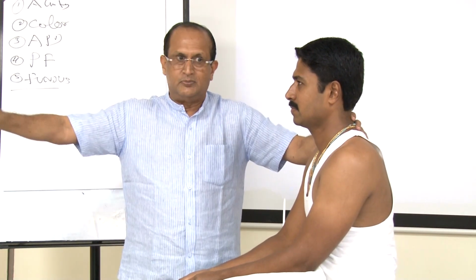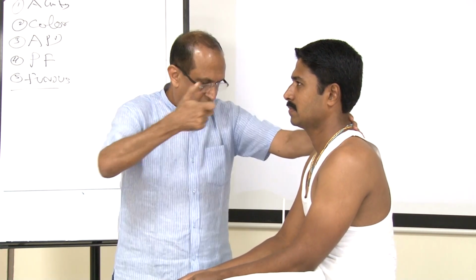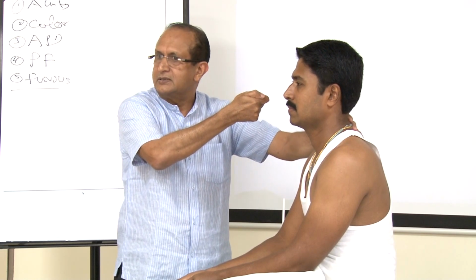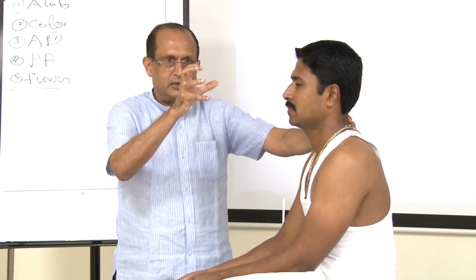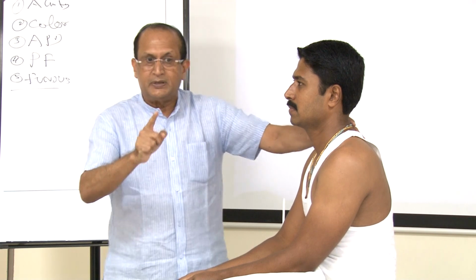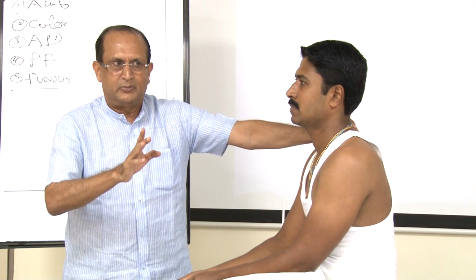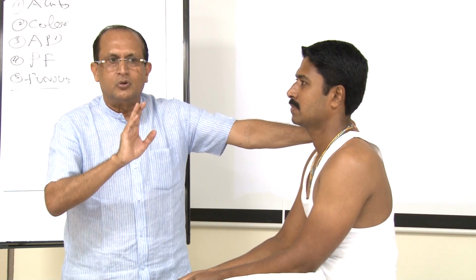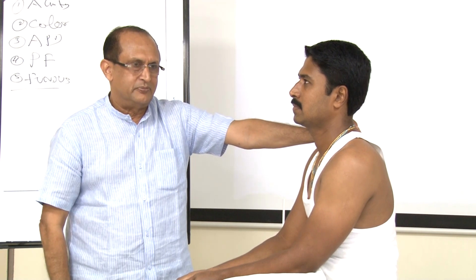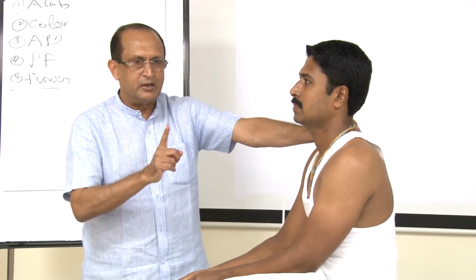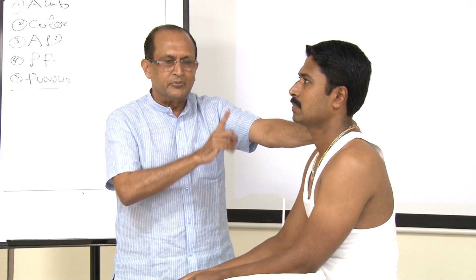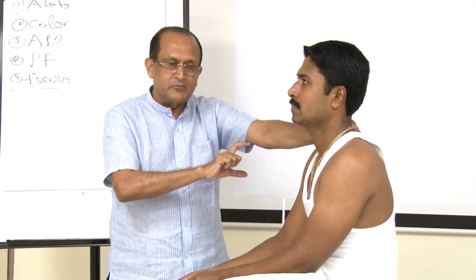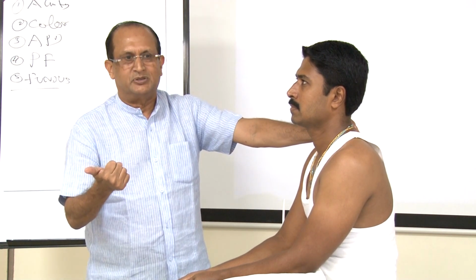Ask him to look at a distant object, then flash the light and see the pupillary reflex. The light reflex will be very brisk. If the light reflex is brisk, then you don't have to look for the accommodation reflex, because there is no condition where the light reflex is present and the accommodation reflex is absent.